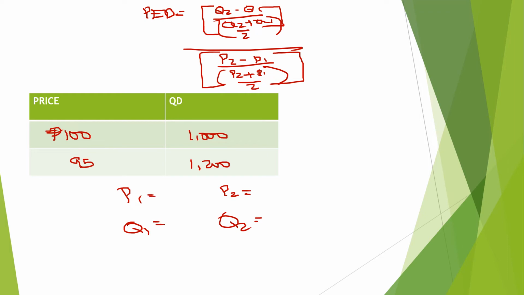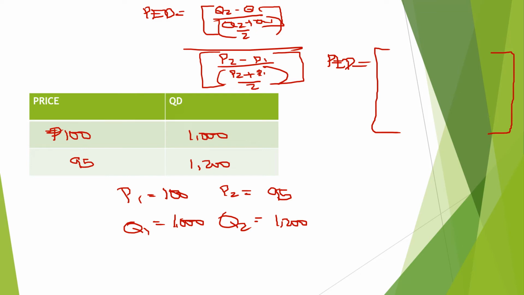Based on my example earlier, the price was originally 100. So that is your P1. And at that price, they were able to sell 1,000 pieces. That's your QD1. And you change the price to 95. Okay? And the new quantity is 1,200. So let's see whether the demand is sensitive or not sensitive to the change in the price. So let's apply this formula. PED is equal to, let's make this bigger so that you can see it, and I'll change the color.